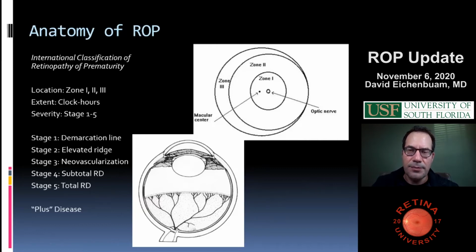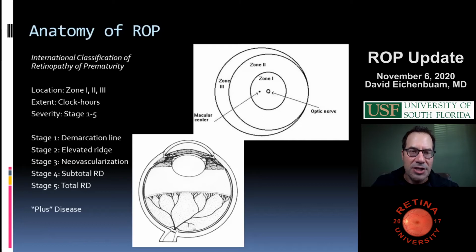Zone 2 goes from the nasal ora serrata in a perfect circle temporally, and zone 3 is the temporal crescent temporal to that zone 2. So you describe your ROP by location. How posterior is it? Number 2 is extent in clock hours. That's super easy. You just count 1 to 12 clock hours.